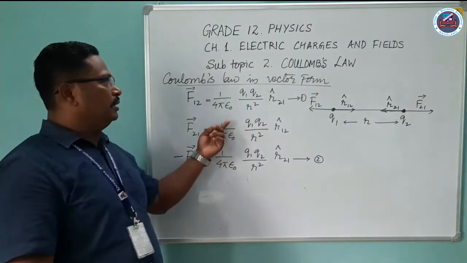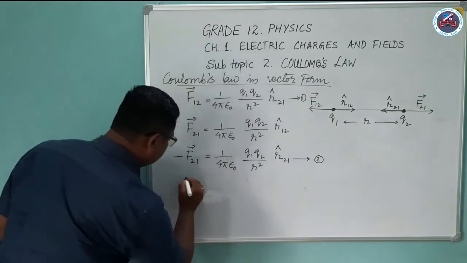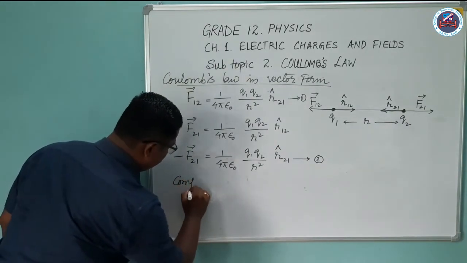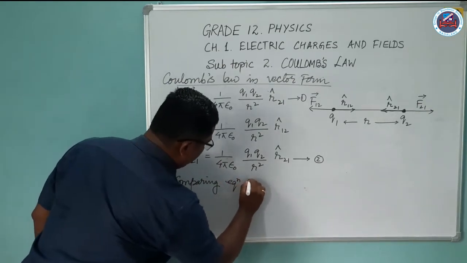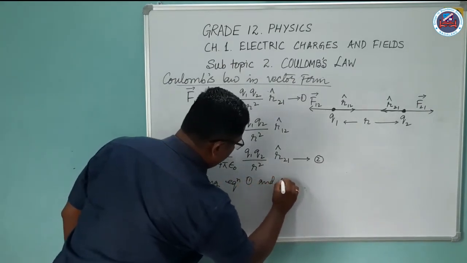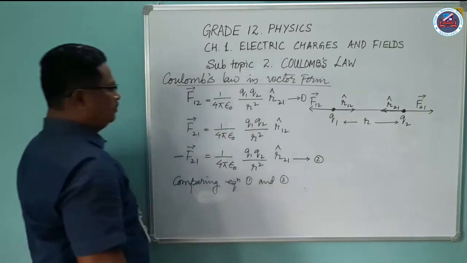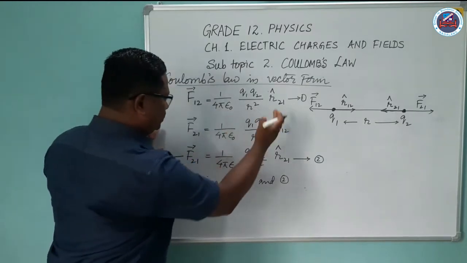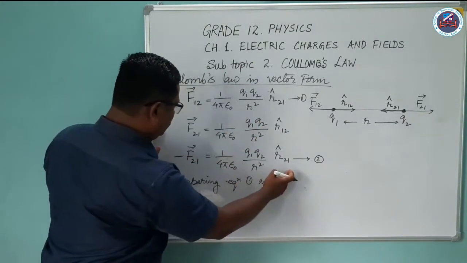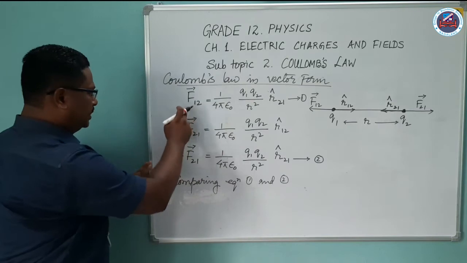Now if you compare equations 1 and 2, we can see that the right hand side quantities are all the same. The only difference is towards the left hand side.